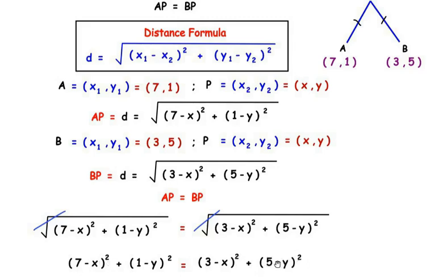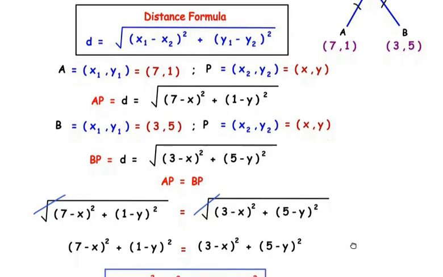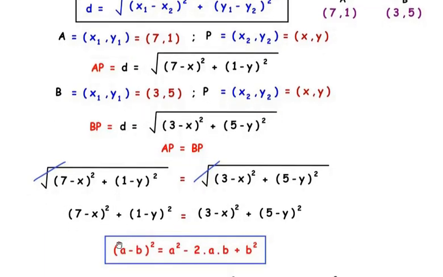Now if we look at these brackets, they are all in the form (a minus b) the whole square. So here we are going to expand each of these brackets by using this identity, that is a square minus 2ab plus b square.